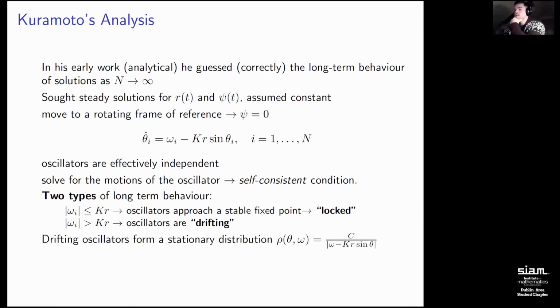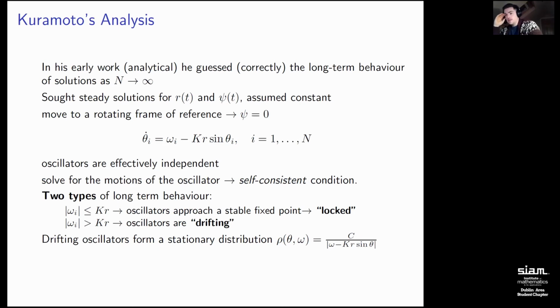Now, he did assume that R and psi had to be constant, but that doesn't really align with the fact that you have oscillators drifting, right? How could you have oscillators drifting and then have the average frequency constant?